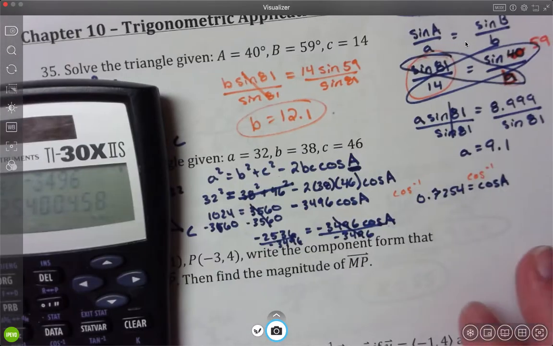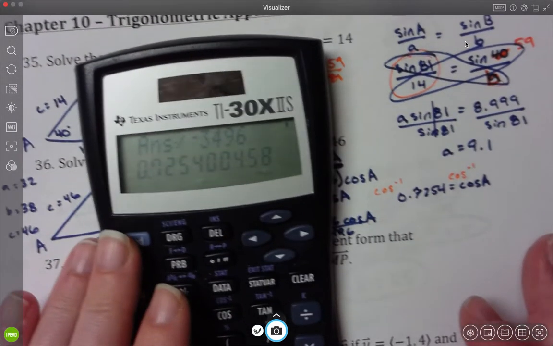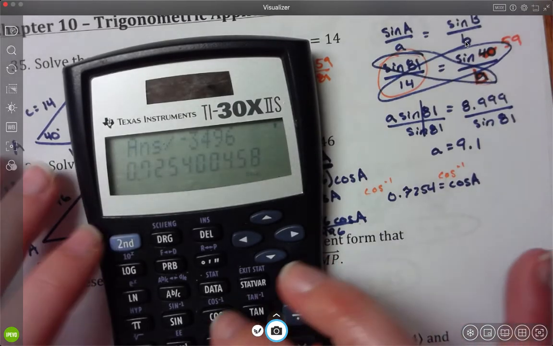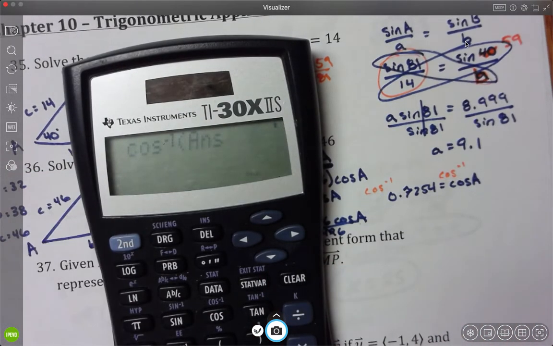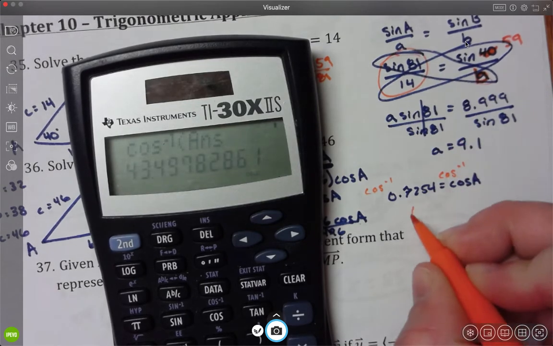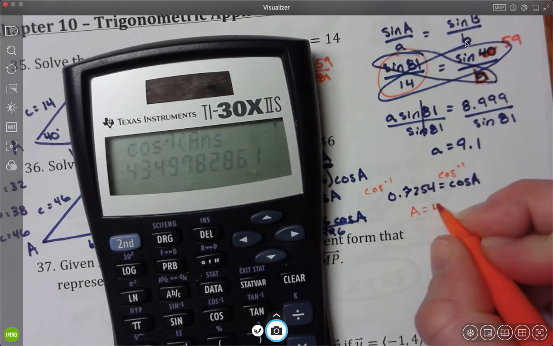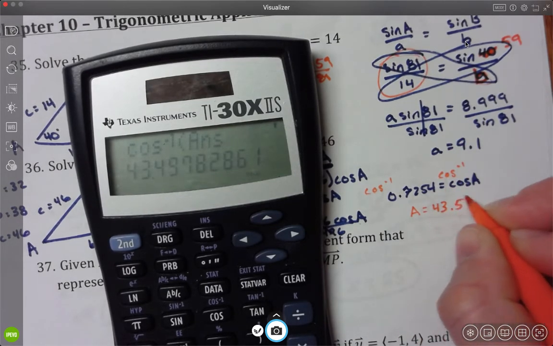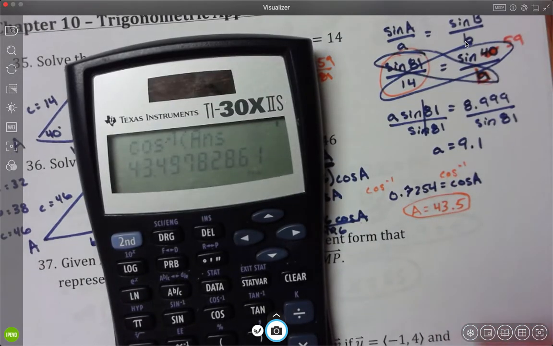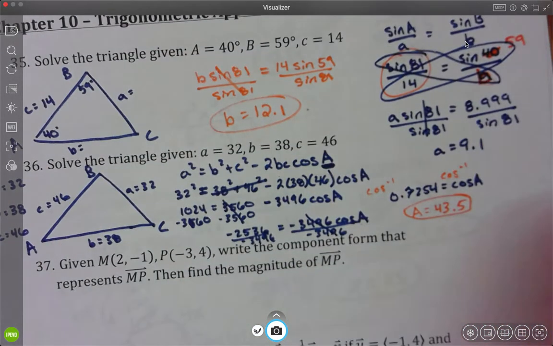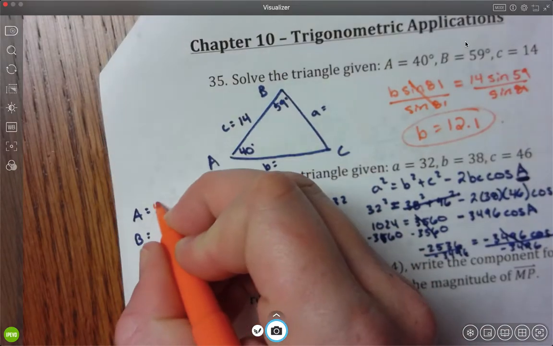So I'm going to do second cosine of that answer. Finally, A is 43.5 degrees. Holy cow. Okay, so I have that up over here. A is 43.5 degrees.